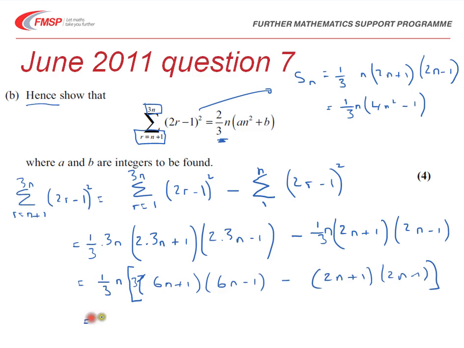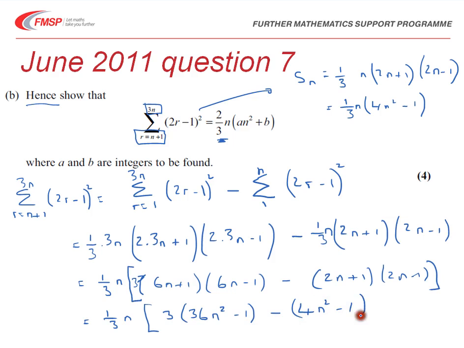So calculating this as 1/3 n, we then look at the squaring. Well, these are difference of two squares, obviously. This is 36n squared minus 1 multiplied by 3. So let me put that in: 3 times 36n squared minus 1, and then minus, and this is 4n squared minus 1 in a bracket.